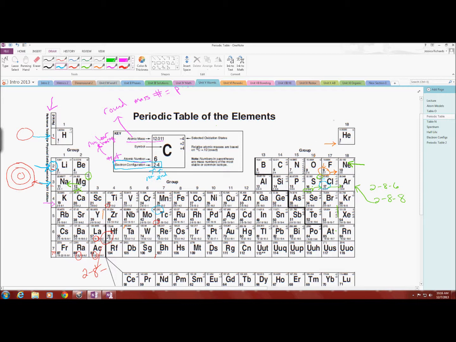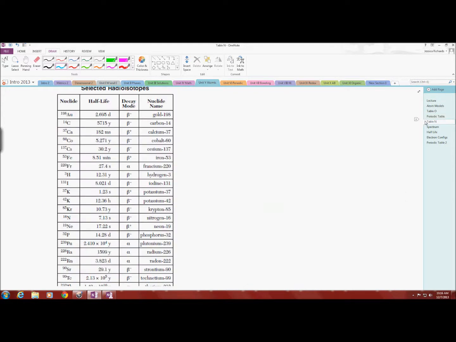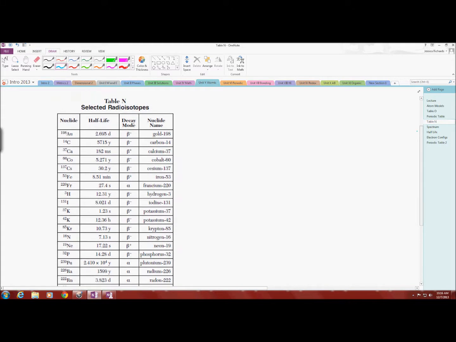So if a multiple choice question asked you which of the following is radioactive, you are looking for something on the table that has its mass in parentheses, the largest out of all of them, possibly, and also anything on reference table N are radioisotopes.